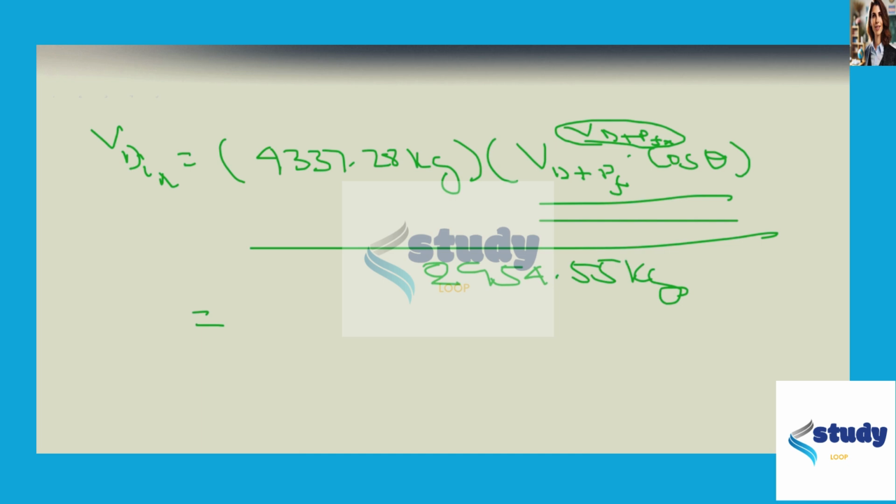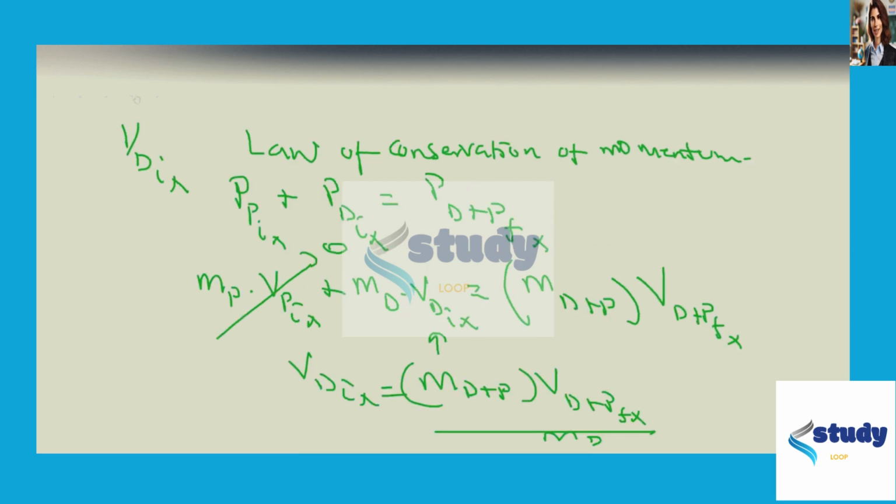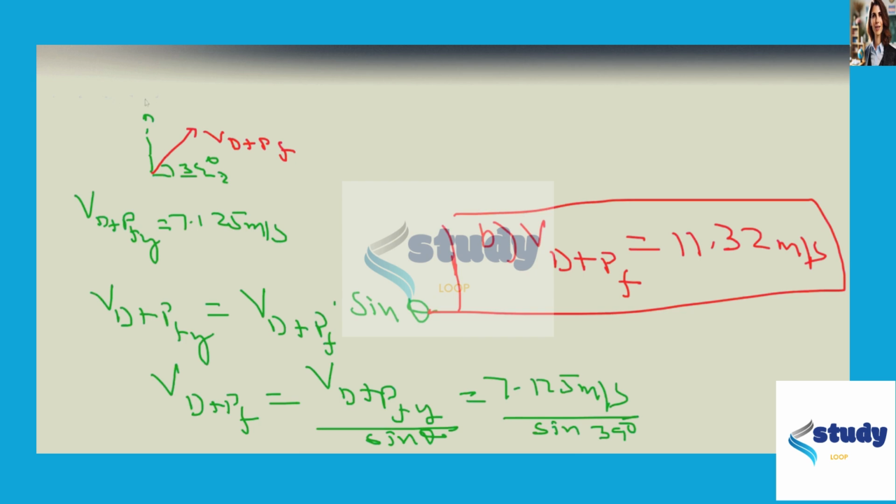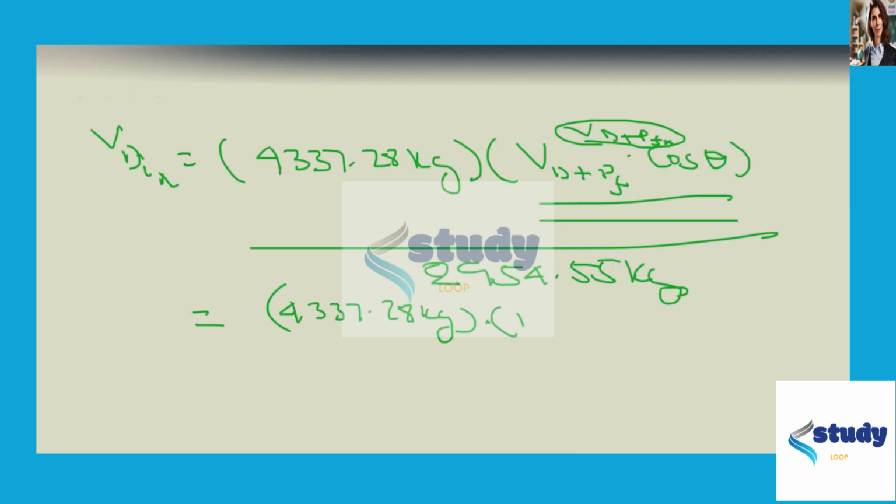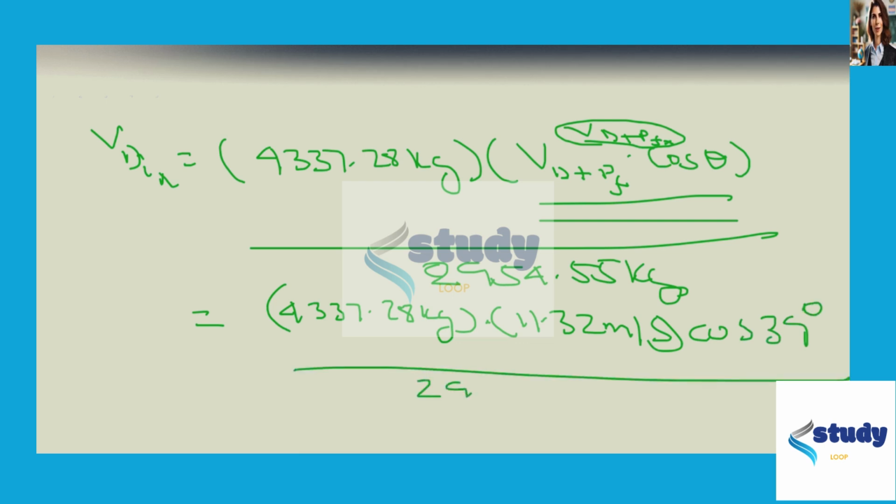And so this is 4337.28 kilograms times 11.32 meters per second, that's the final velocity of the Durango and the Prius, times cosine of 39 degrees, and then we're dividing that by 2954.55 kilograms.